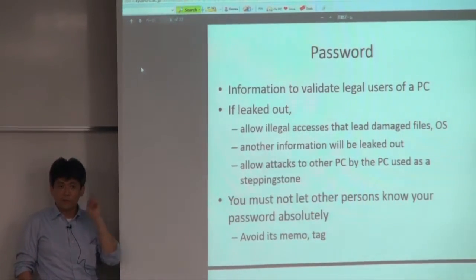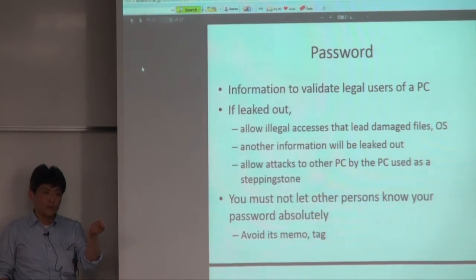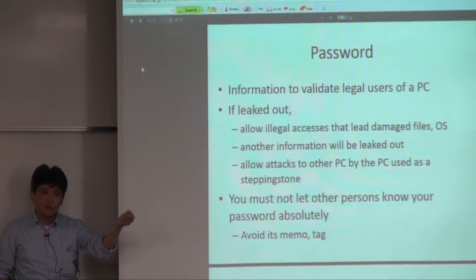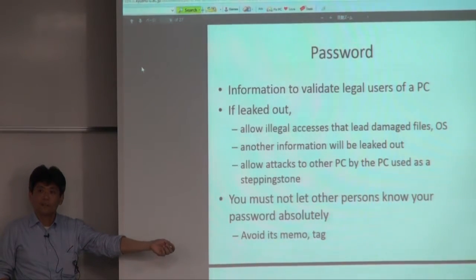So this is a serious problem, because if your password was broken, you can cause damage to other users' PCs. Okay, can you understand?